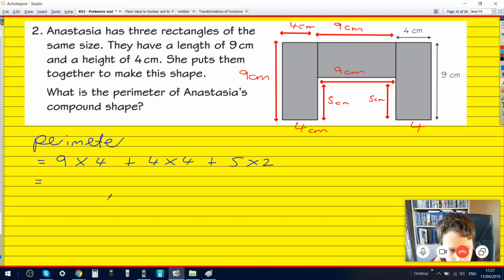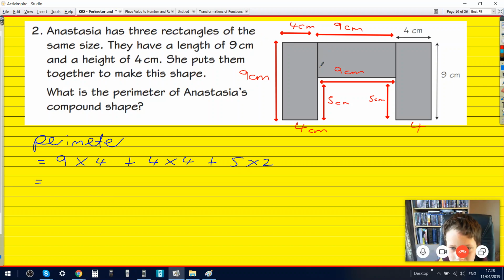And was there anything else that needed to be added on, or was that it? Well, I can see some other sides that we haven't actually filled in. Which sides? Like the part of the 5 centimeters that isn't included, they're both 4 centimeters.